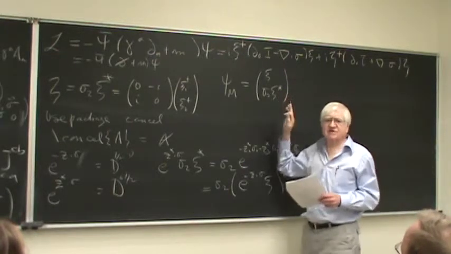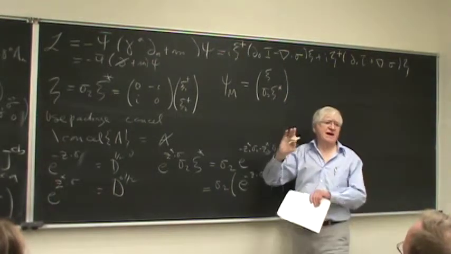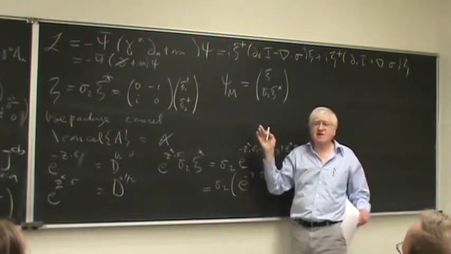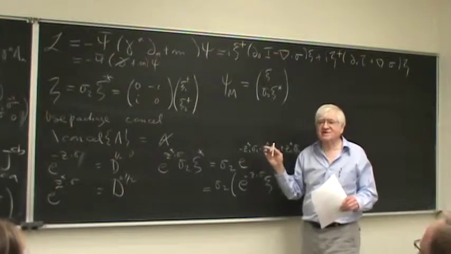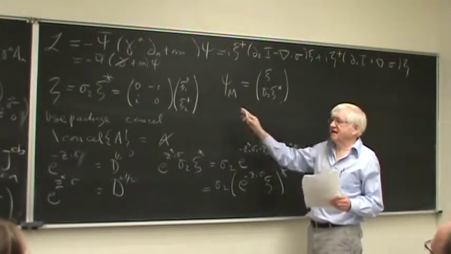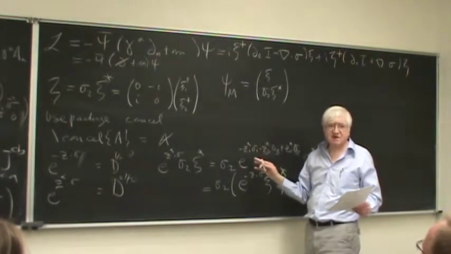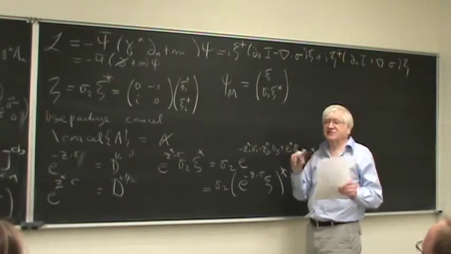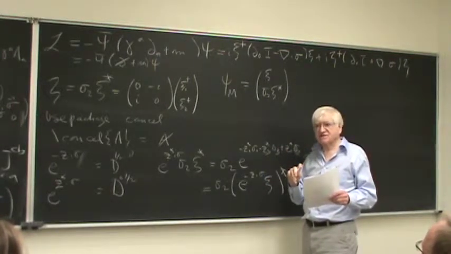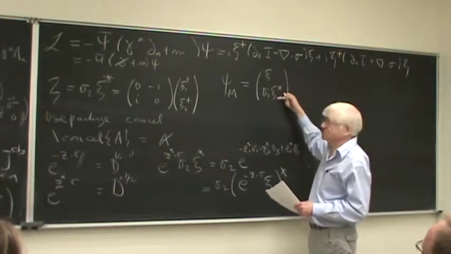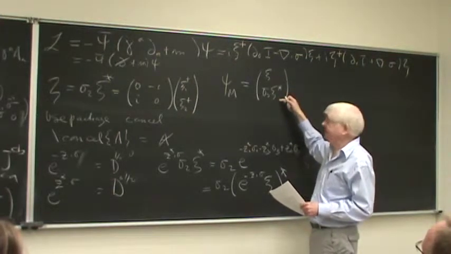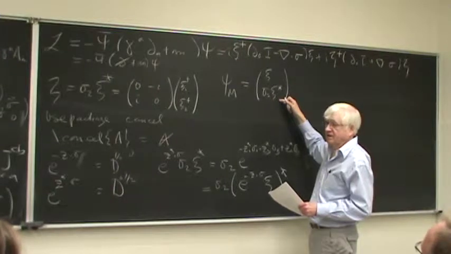So this is taking a 2-component spinner and writing it as a 4-component spinner. Why anybody would want to do that is unclear, but actually it's not that unclear. The gamma matrix algebra is so nice that you can treat left and right simultaneously. That's why people use it. But on the other hand, if you do it this way, then you've just got a Majorana spinner.